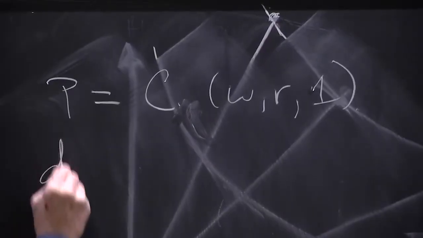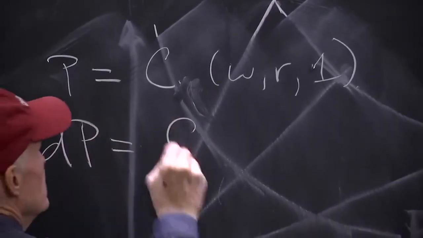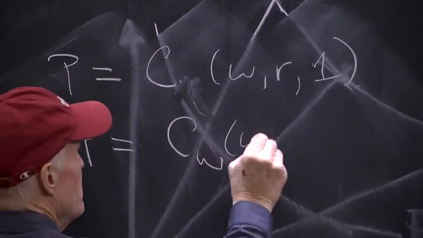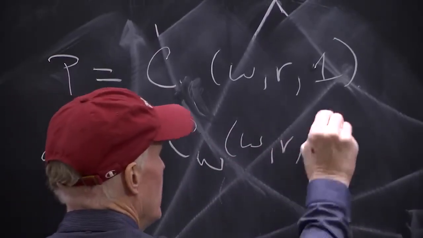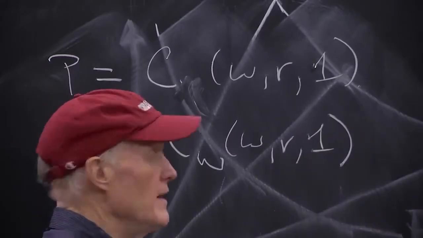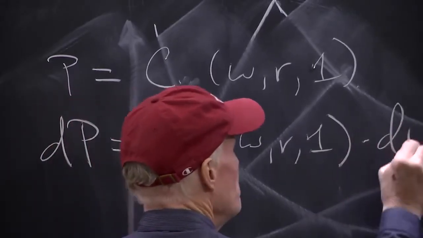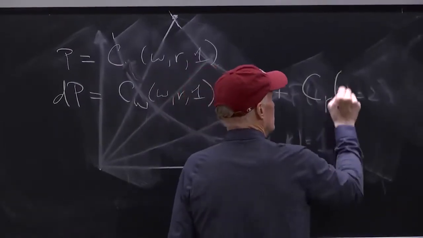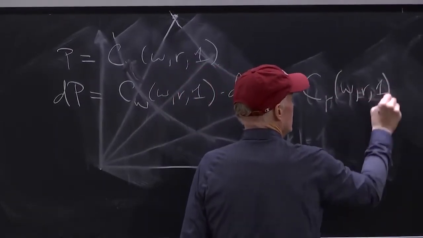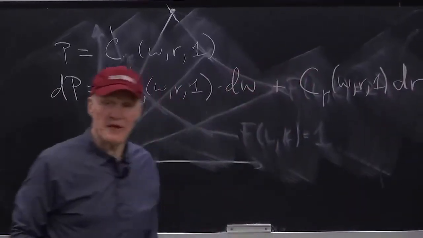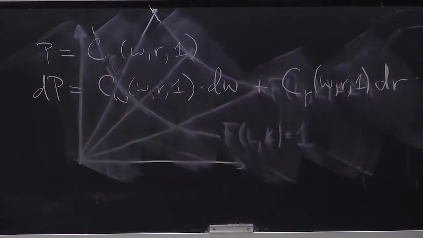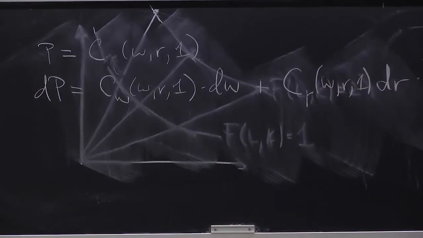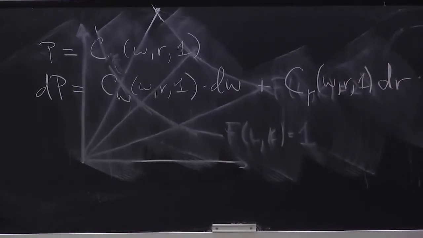So dP equals C_W of W, R, and 1 times dW plus C_R of W, R, and 1 dR. Everybody agrees with that? Yes, no, maybe so, right? That's the usual trick. Just totally differentiate the equilibrium condition, right? My equilibrium condition is price equal to unit cost.